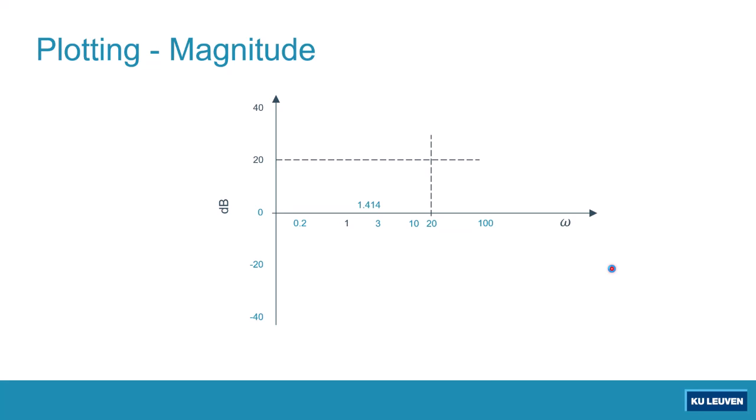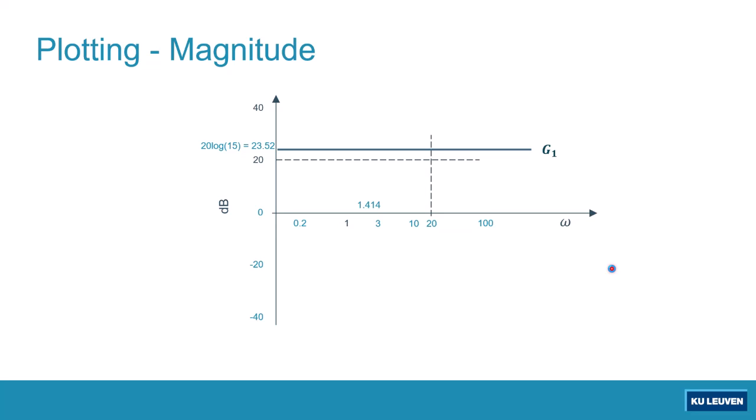Having all of the magnitude and phase plots for the 4 simpler systems, we can now reconstruct the magnitude and the phase plots for the complex system. I will start first with the magnitude plot. I will plot it again here for the 4 simple systems.